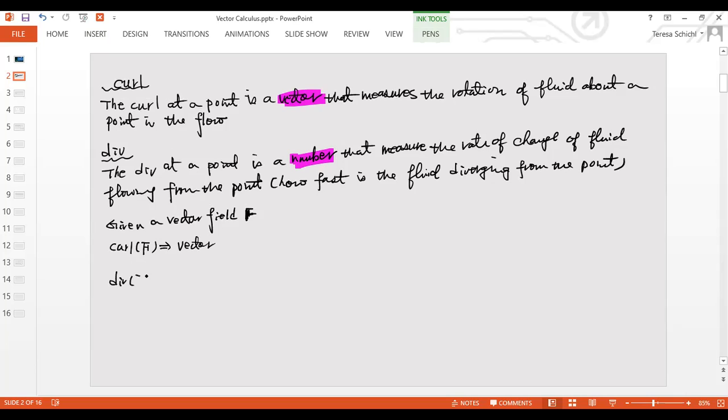The divergence of the vector field is a scalar, a number.